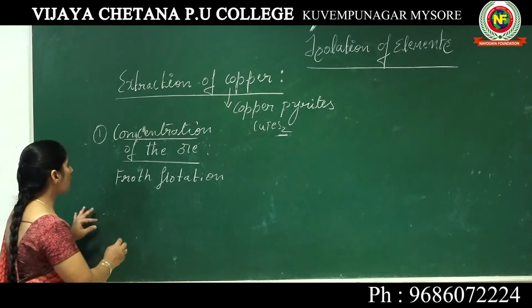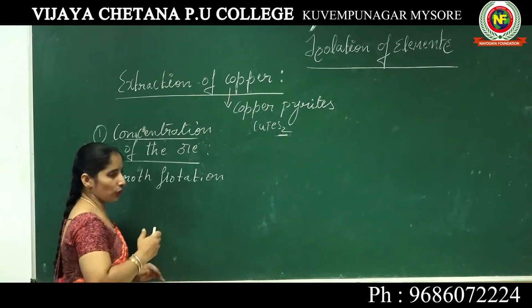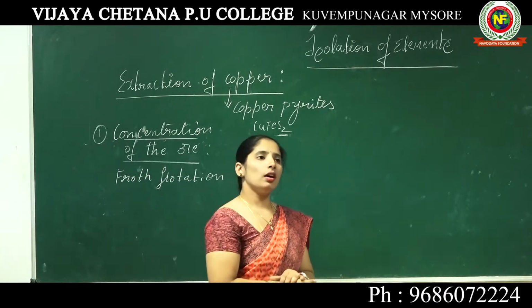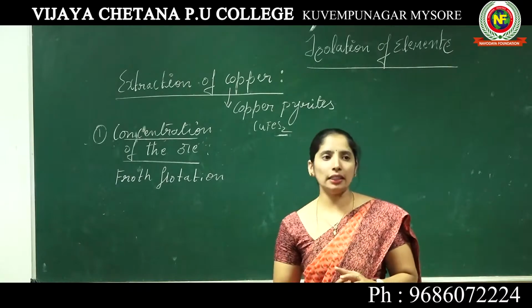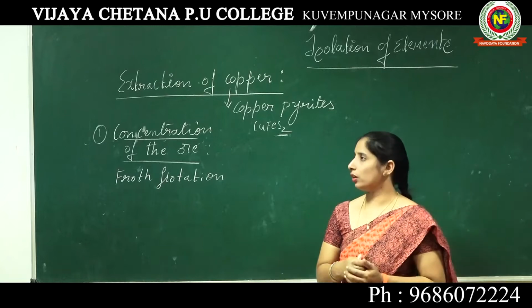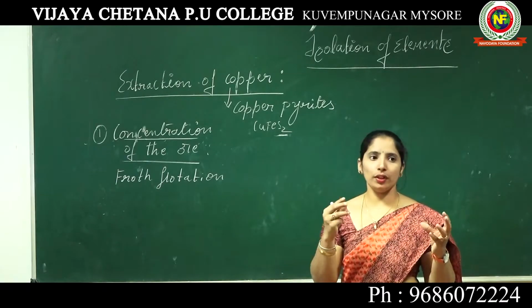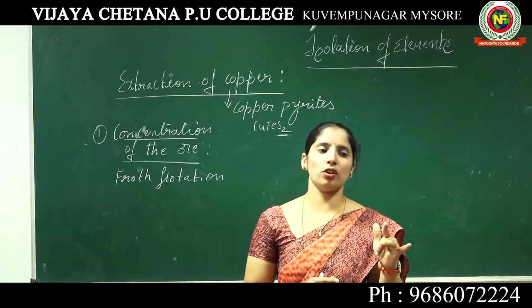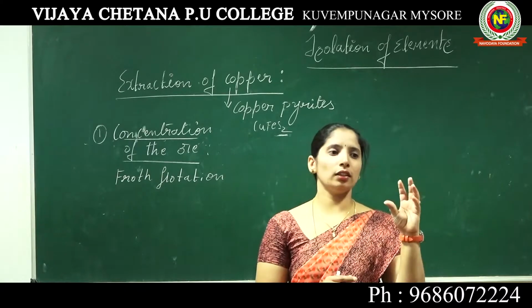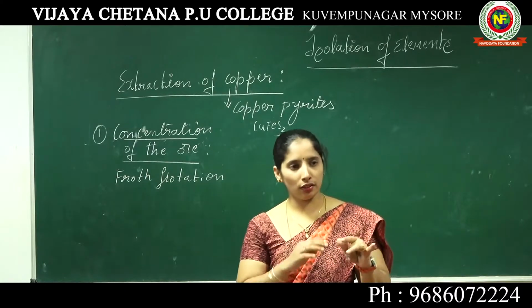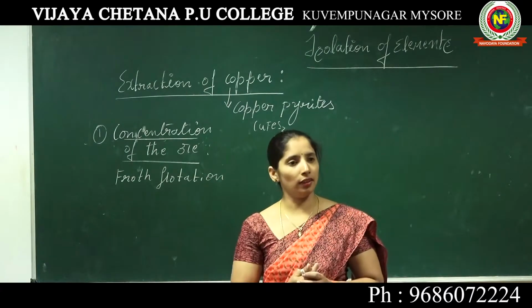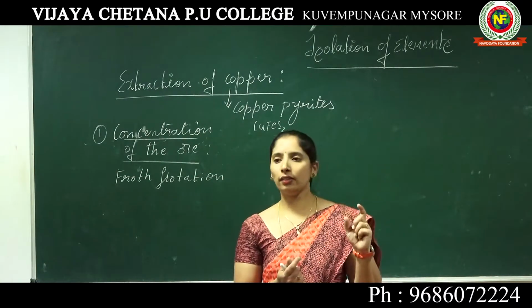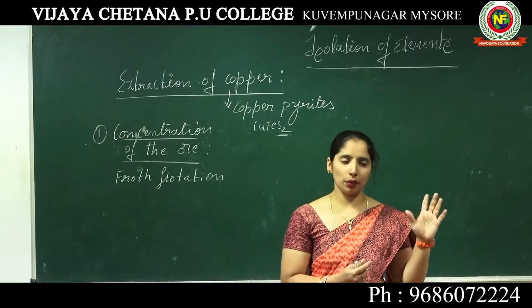Next, if we compare this extraction of copper to iron: in the extraction of iron, we finally powdered the hematite ore, then washed it with hydraulic washing, then heated the ore in the absence or limited supply of air, which we call calcination.